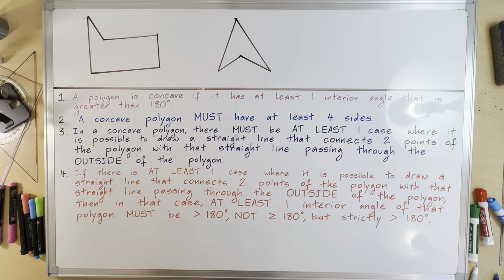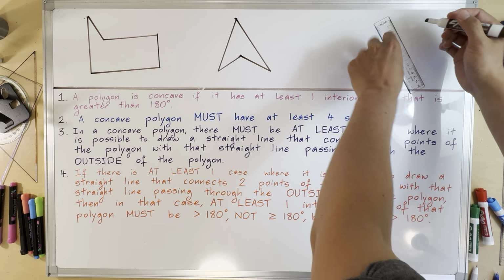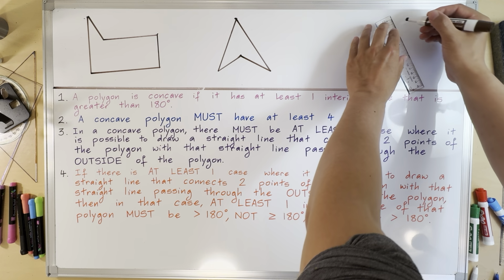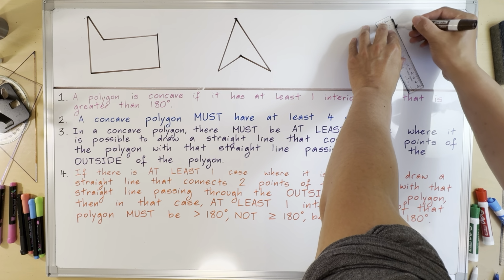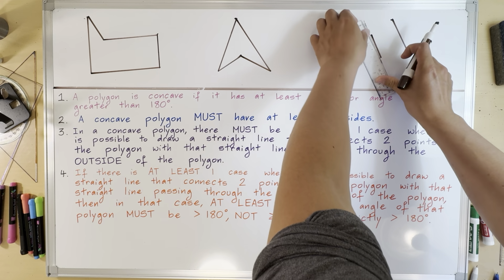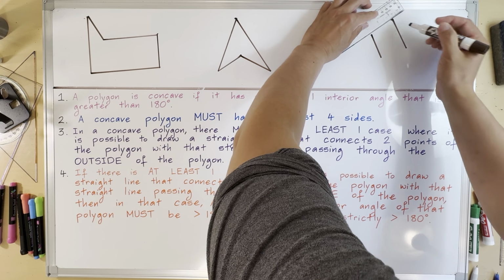And the third one, let's suppose we're going to have a very weird concave polygon. For example, the one as follows.